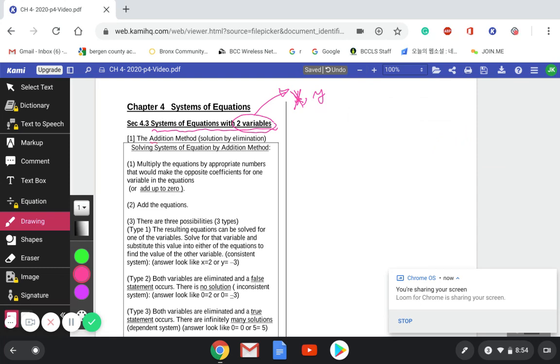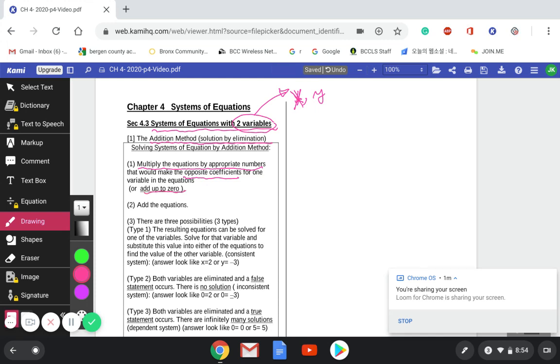we are using the addition method by elimination, which means once you have the same coefficient with a different sign, by doing column addition, you can just cancel it out. So what you do is you multiply the equation by a proper number, usually the coefficients of each other's, or any other appropriate number, to make opposite coefficients, and then you add it up, so it becomes a zero.